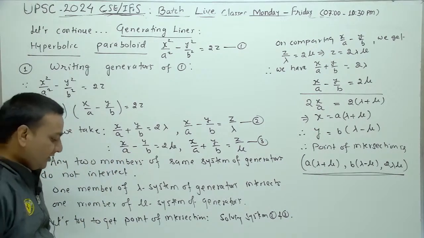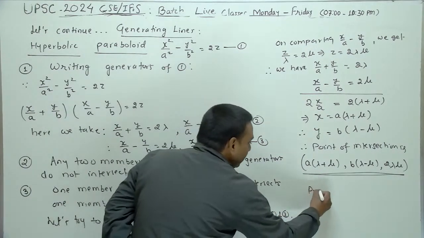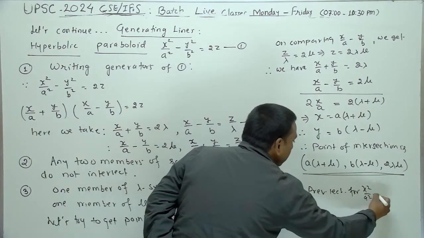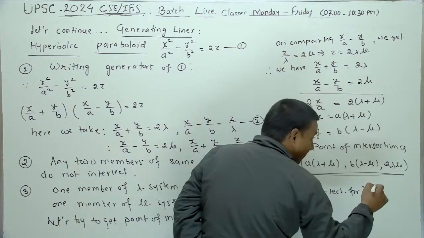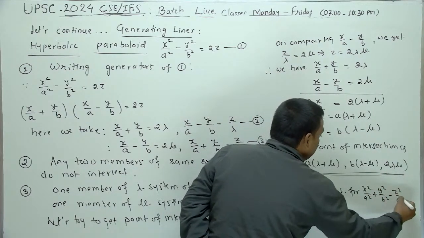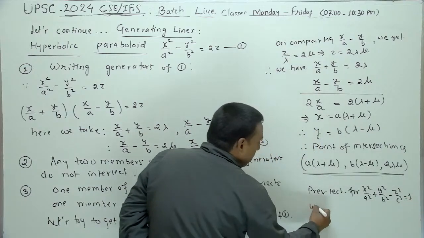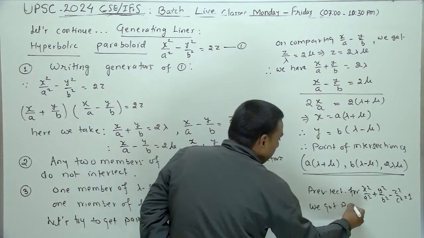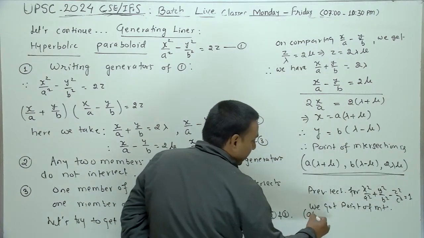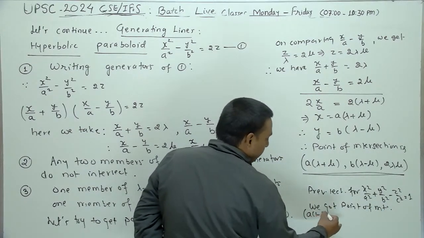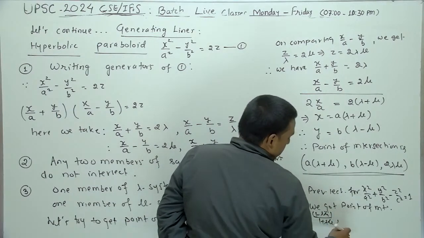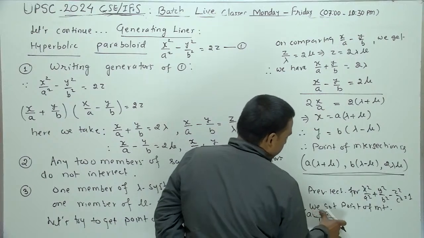Because in the previous lecture, what we got, dear fellows, for x square upon a square, for z upon c, minus, for this curve we got the point of intersection. How was it?